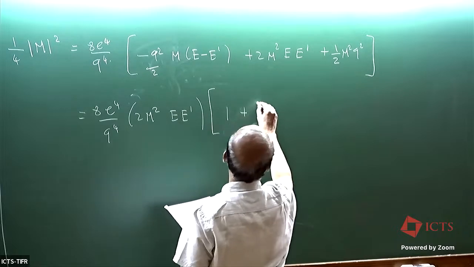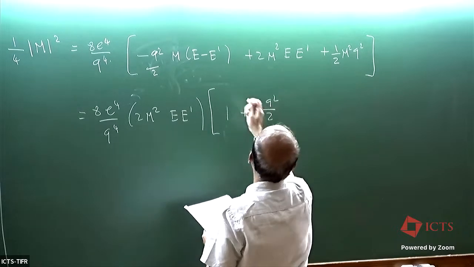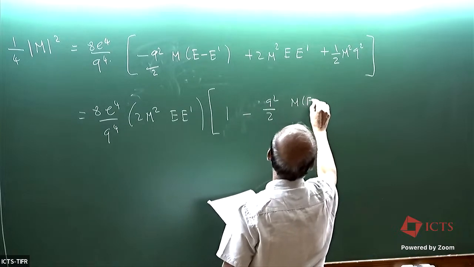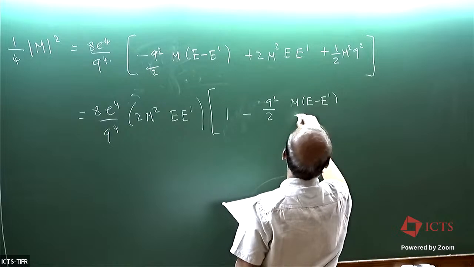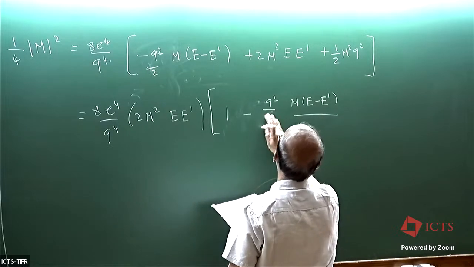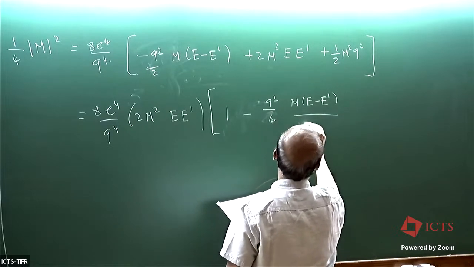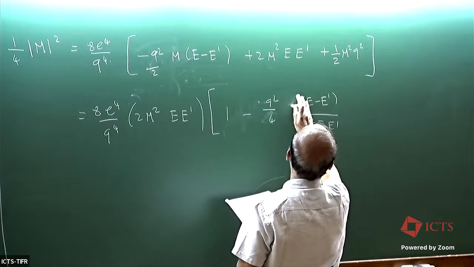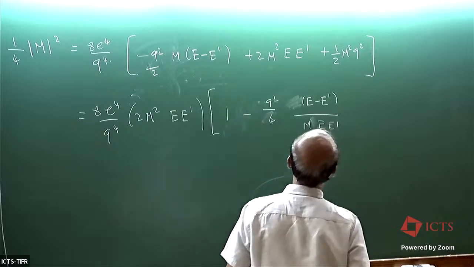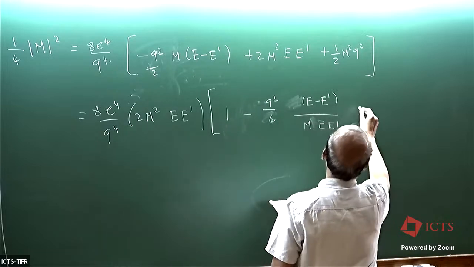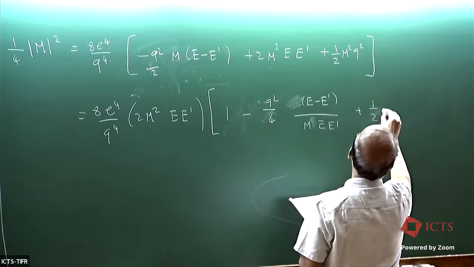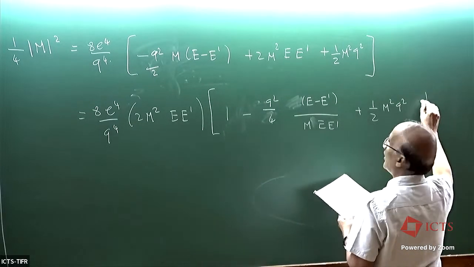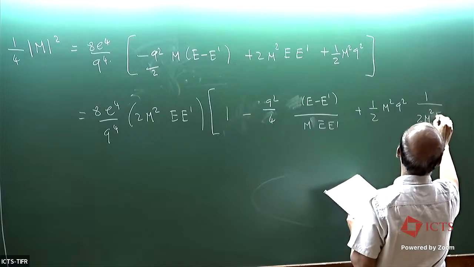This term becomes minus q square by 2m into (E minus E prime) divided by, this becomes 4, this becomes m square E prime, so m cancels. So this is what you get for the second term, plus half of m square q square, 1 by 2m square E prime.